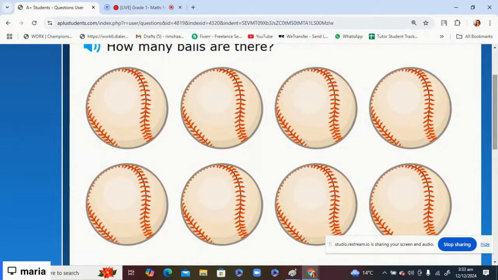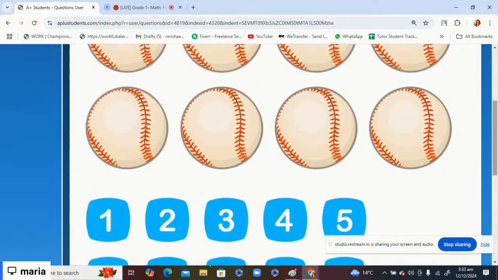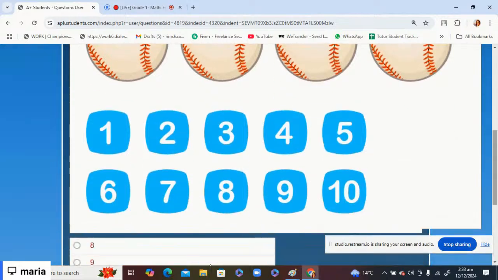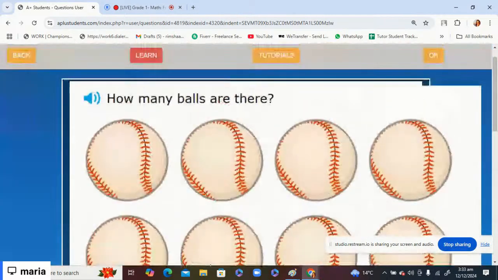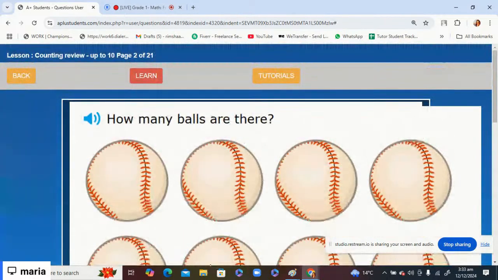It's one, two, three, four, 5, 6, 7, and 8. Good. It's 8. Let's do with the option 1. This is 8 here. Let's go with it. And this is the right answer. Okay.